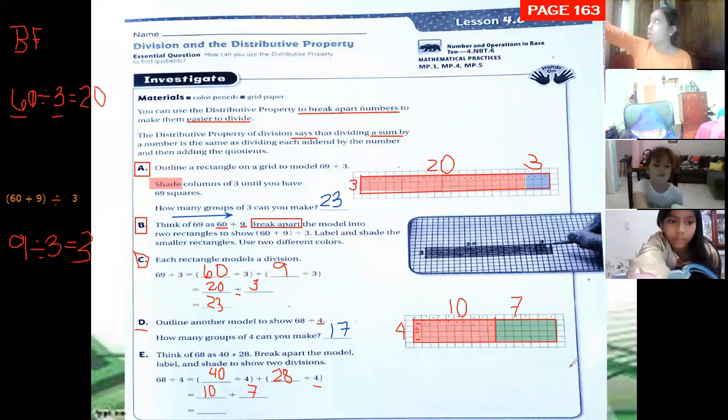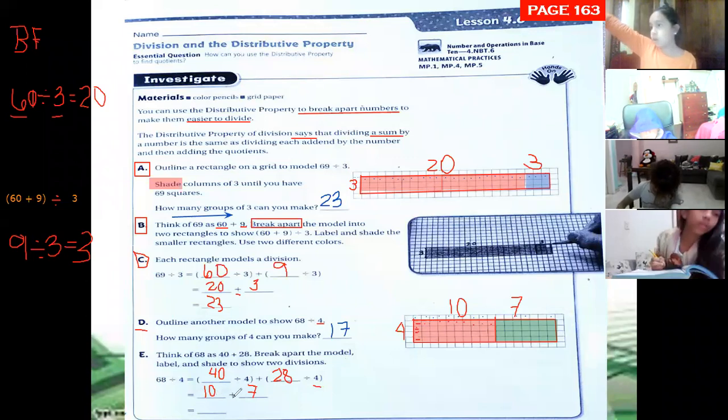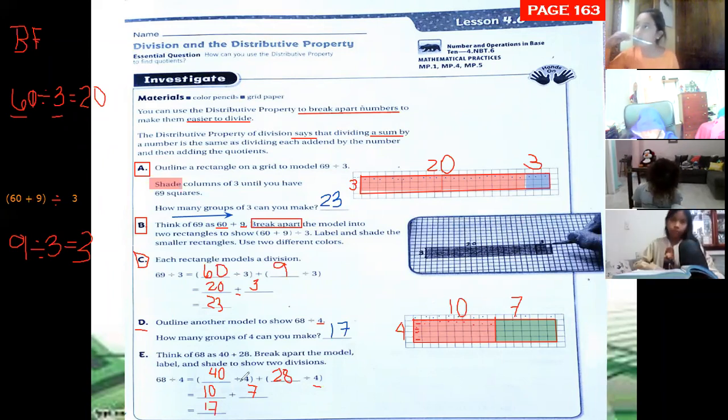Yes. Now we have to add 10 plus 7 equals 17. And the numbers are here, see? 40 divided by 4, 10. 28 divided by 4, 7. Here you have it. How do you know the total tiles in this part of the model?